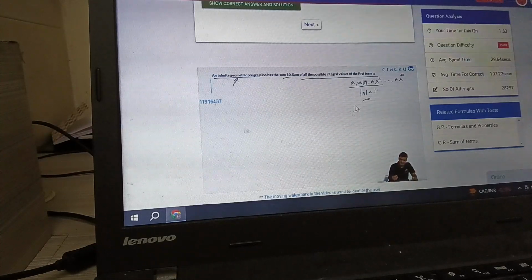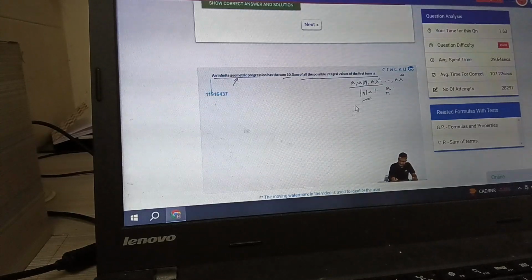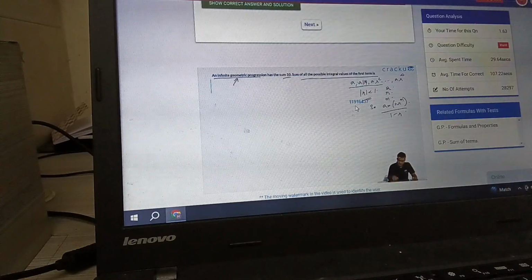For any geometric progression where the first term is a, the common ratio is r and the number of terms is equal to n, the sum is a into 1 minus r to the power n, by 1 minus r. Now, for an infinite geometric progression, modulus of r is less than 1.